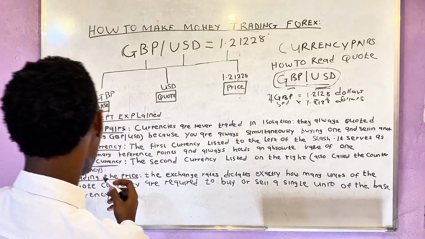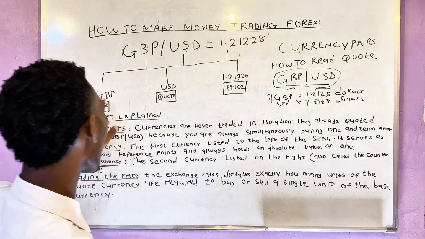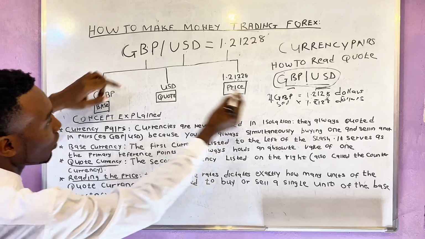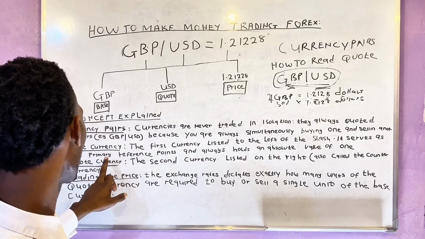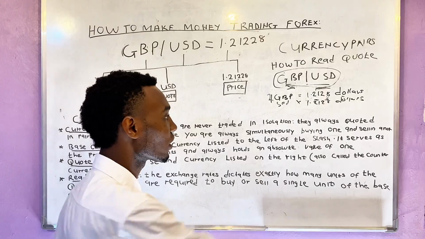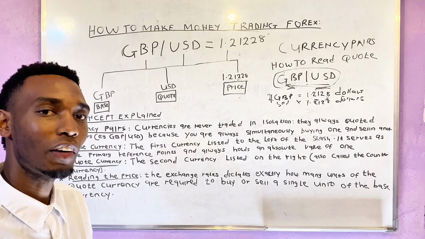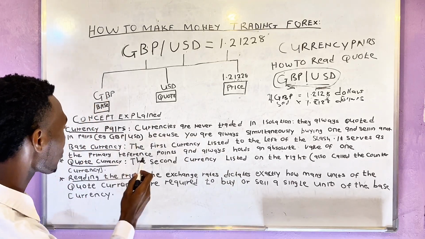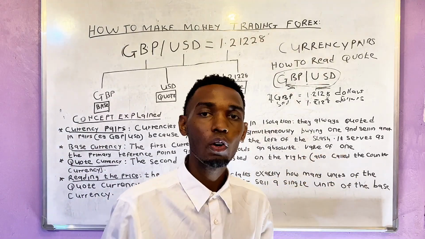Now, second, the base currency. This first currency listed to the far left of the slash serves as the primary reference. This is the leader, the primary reference point, and always holds an absolute value of 1.